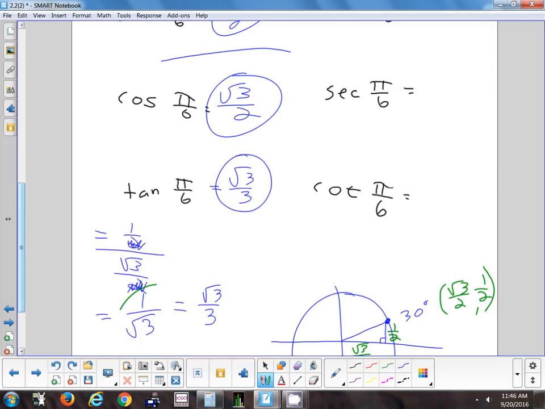Should I flip this, or should I flip the one that's on the right? Yeah, the same thing, because they're equal, but which one would be faster? Yep, flip the one on the left because the root's in the bottom, and it'll go to the top. So, Katie, what would be my cotangent? Square root of 3. How about my secant? Karen, how do I do that one?